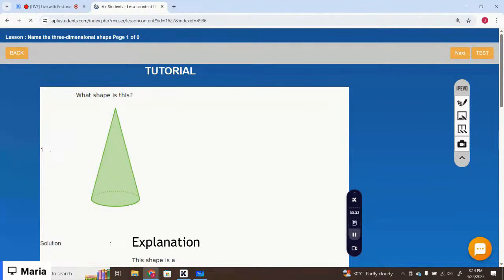What shape is this? The shape is a cone.